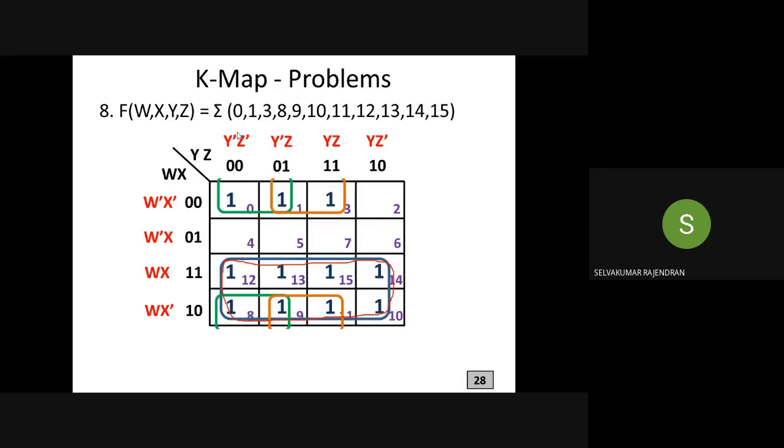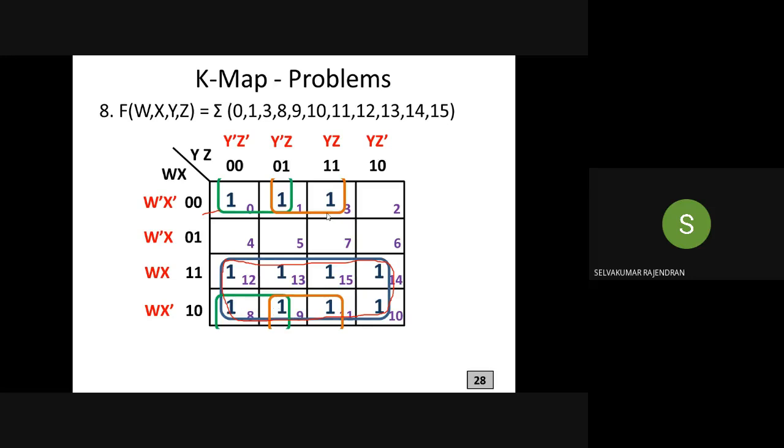Here also we are trying to combine the maximum number of ones. In this example, you can observe that many ones are overlapped. In the second group, these 2 ones are overlapped. These 2 ones are already grouped in group 1, but while making the second group, they are overlapped.